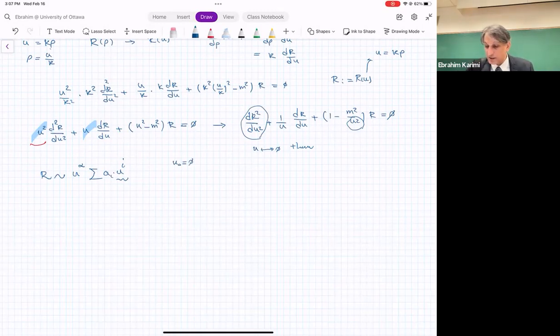If you have some other singularity u0, the expansion will happen around (u minus u0) to the power of i. Okay, is that clear? This is the Frobenius technique, which is essentially what we are using.